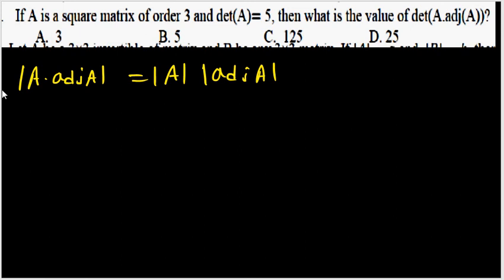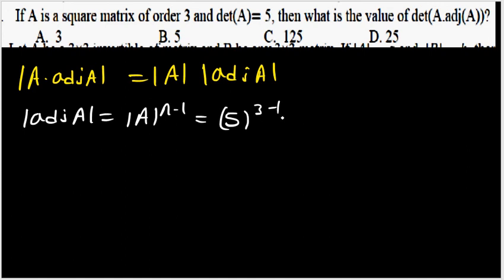So the determinant of A times adjoint of A is equal to determinant of A times determinant of adjoint of A. So according to the rule, the determinant of adjoint of A is equal to the determinant of A to the power of n minus 1, which is, the determinant of A is already given, that is 5, the whole to the power of 3 minus 1, which is 5 to the power of 2, that is 25.